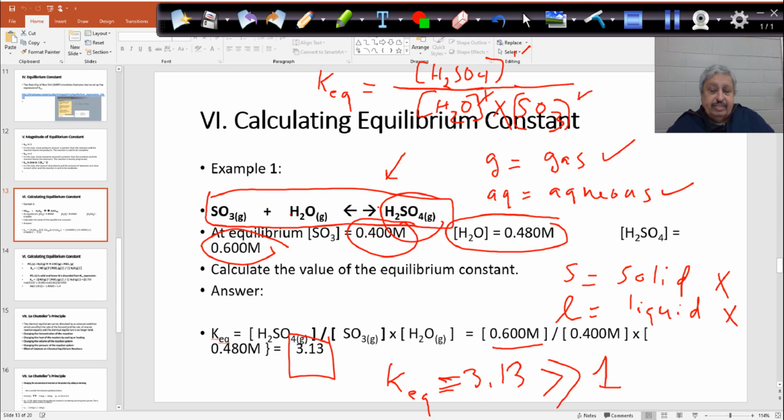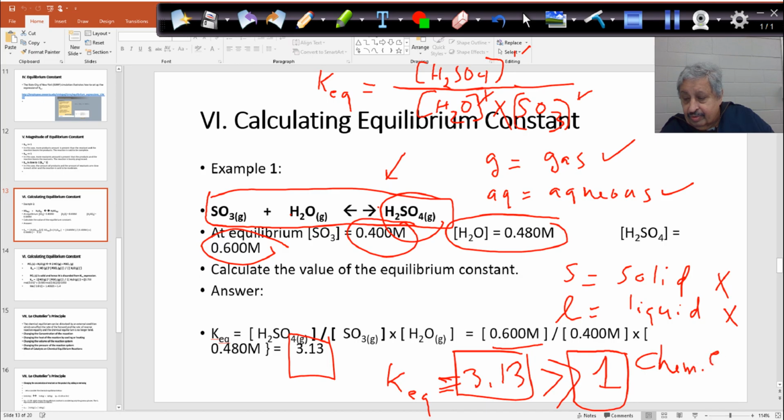So it means that the chemical equilibrium favors the products. The reactant goes to completion. The value here being greater than 1, you'll say the chemical equilibrium favors what?